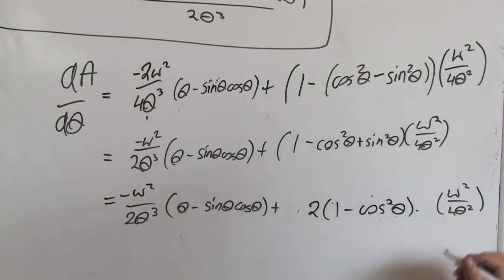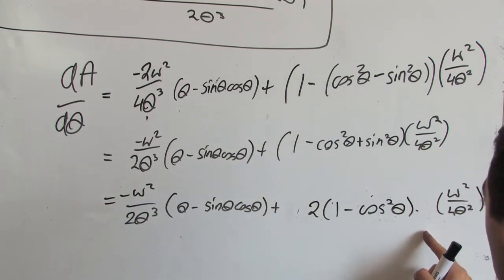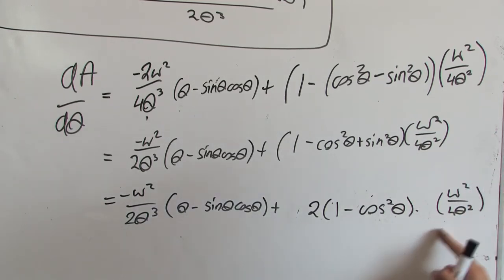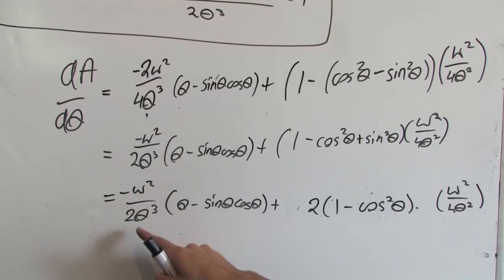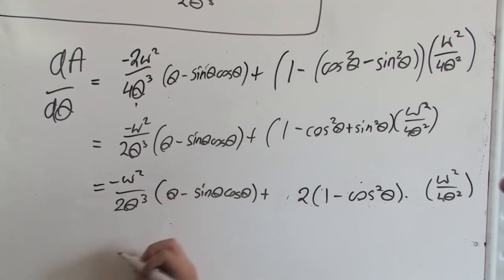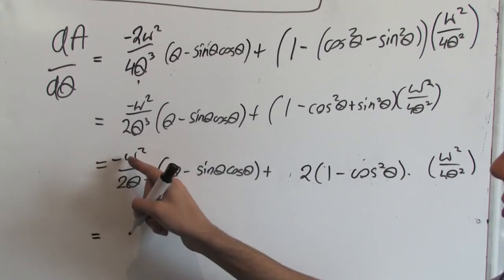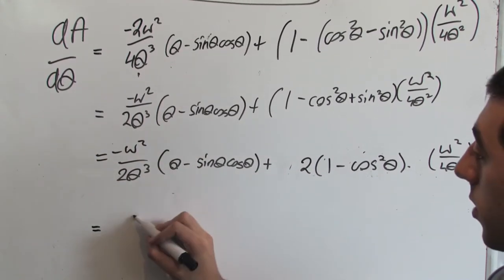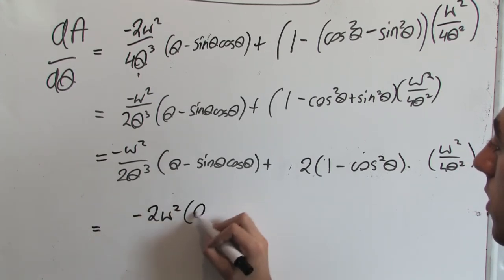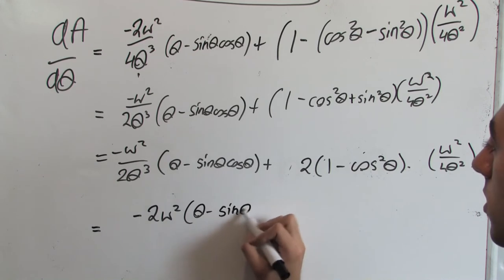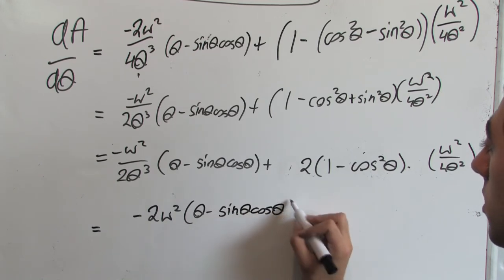Now I'm going to get a common denominator, because we have the 4 theta squared and the 2 theta cubed. To make a common denominator, I'm going to multiply the first term top and bottom by 2, so we get minus 2 w squared times theta minus sine theta cos theta.